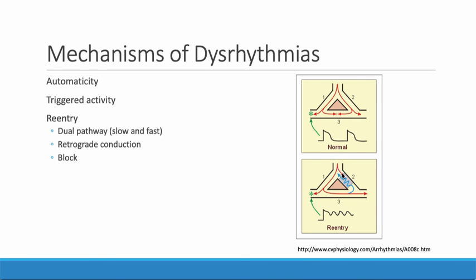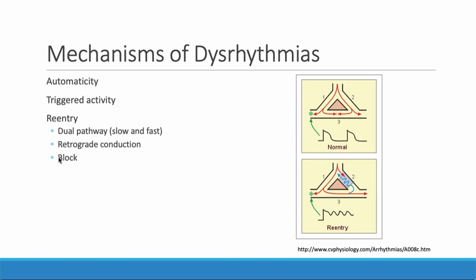And so all of this signal comes down and goes across here and back up through the AV node, and that slow pathway causes this cycle to happen. That cycle is what happens in the most common type of arrhythmia for SVT, the reentrant tachycardia.